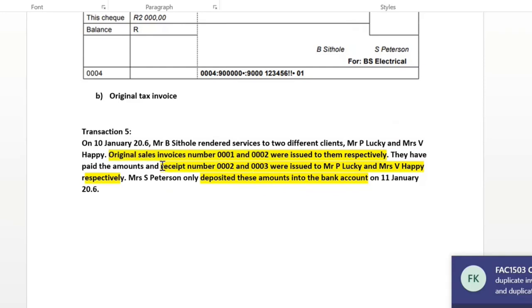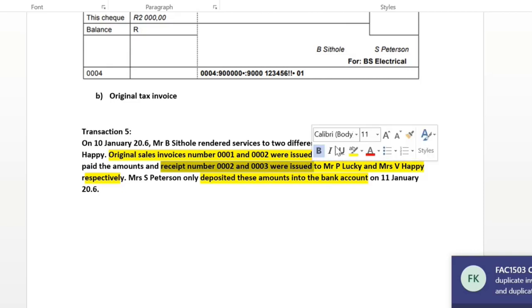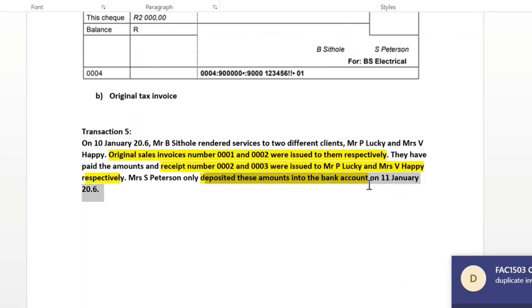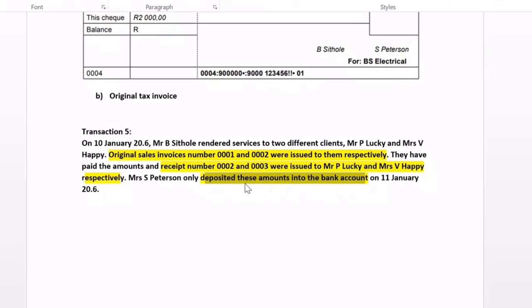Number two, if they've issued original receipts, receipt number 002 and 003, there is no way that they're left with the original receipt. And number three, if they've deposited this money to the bank account, there is no way that the bank will give them the original deposit slip. So I hope that what I just said will help you answer the question.